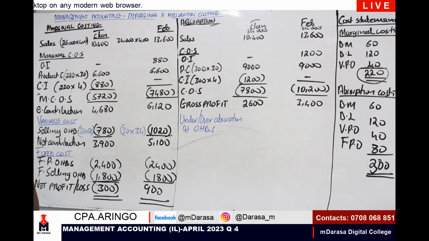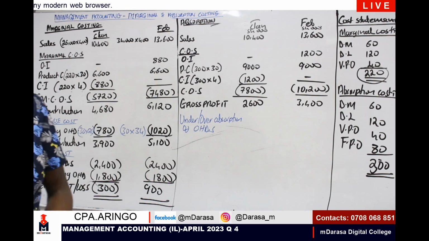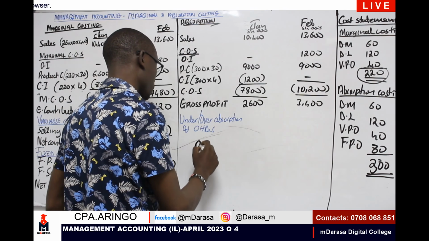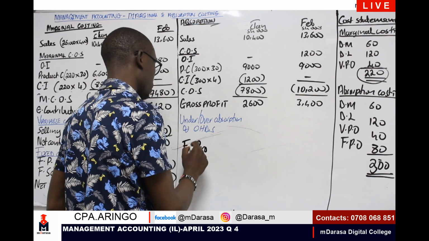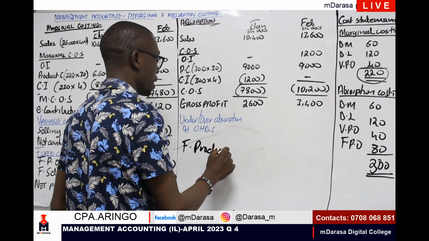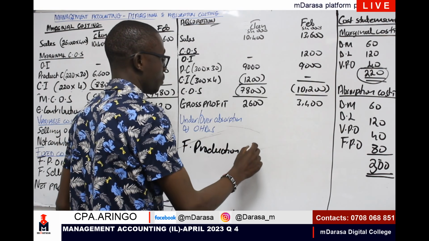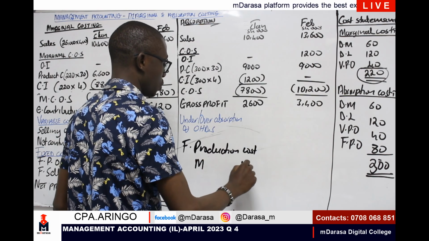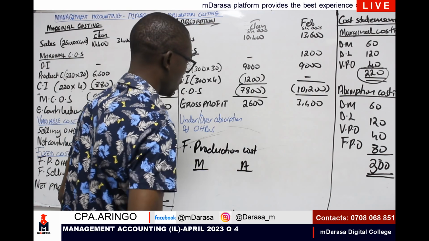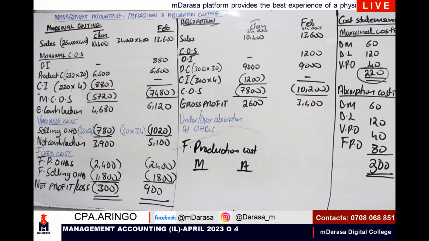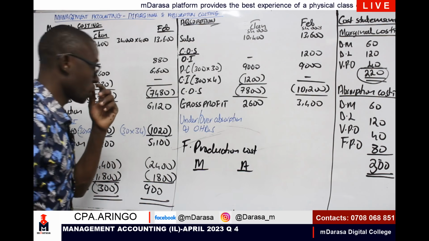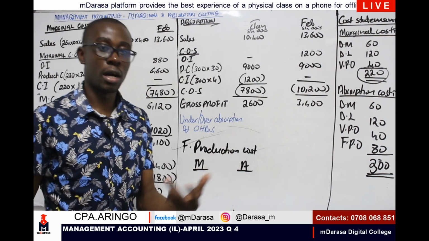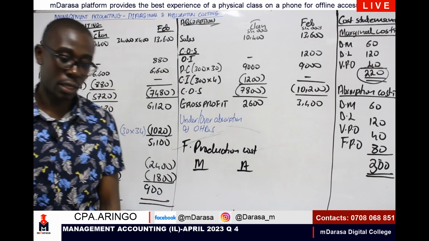It's going to be very simple because I'll just be comparing our fixed production cost, marginal and absorption. If absorption is more than marginal, then I'm having over absorption of overheads.